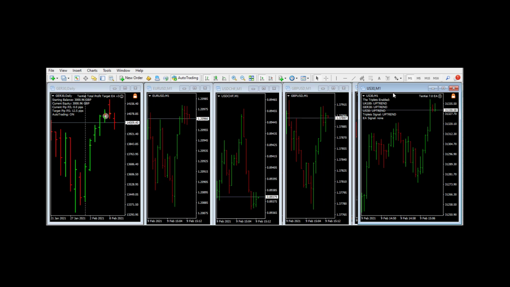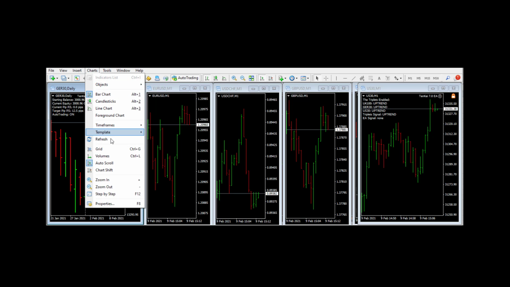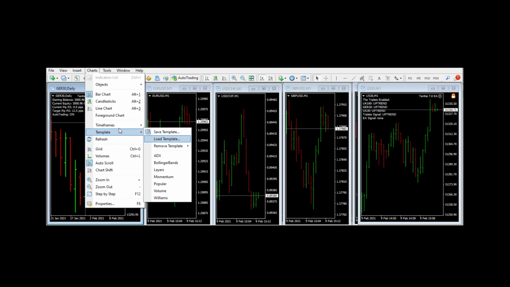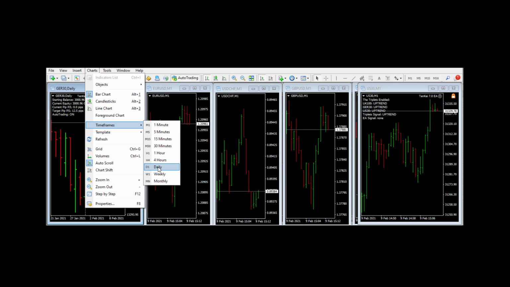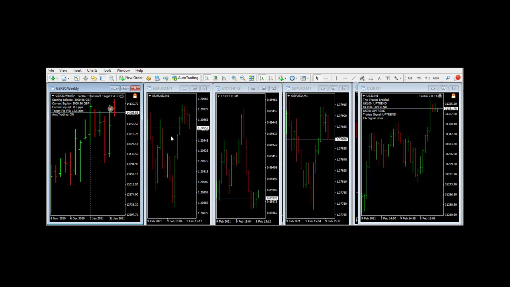If you trade off a daily chart, you can change this daily chart to weekly or monthly. Keep them separate so you know instantly, not only will you see TenKei Total Profit Target EA, but you also see the weekly.